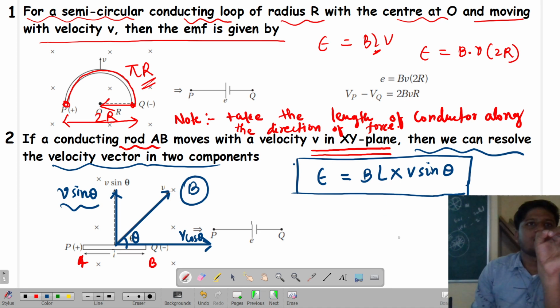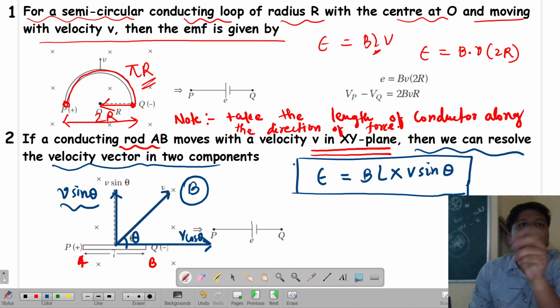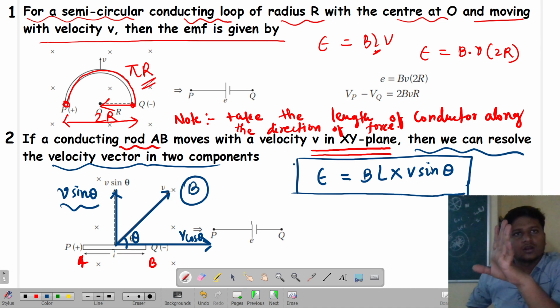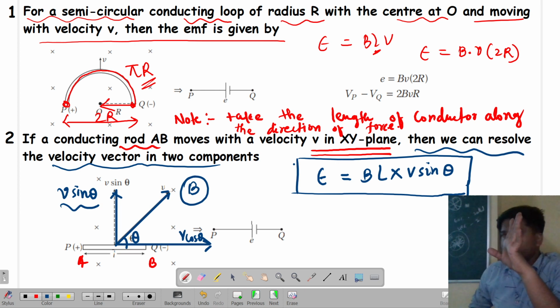It is V cross B or not? Now, V is along the direction, perpendicular to the direction which we have already suggested. If it becomes 0, what will happen? The net value of force will become how much? 0. Got it or not? Yes or no? No current will be produced. Understood? Got it or not? Is it okay? Can I move ahead? Can I move ahead or not? Done? Okay?